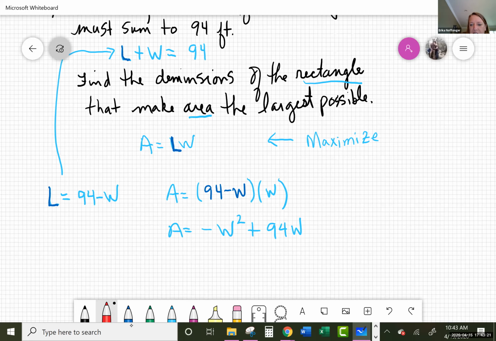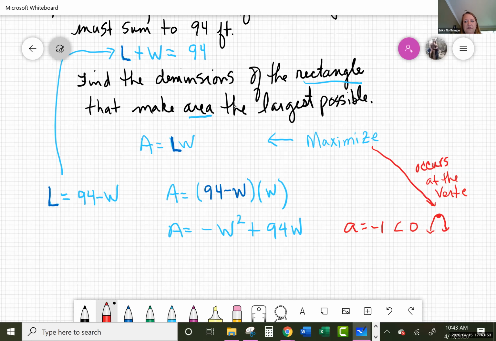Notice what your A value is. A is -1, the number in front of the W squared. If that is less than 0, it tells us our parabola faces downwards, which means our maximum is going to occur at the vertex. So basically, I'm just going to find the vertex of this equation.